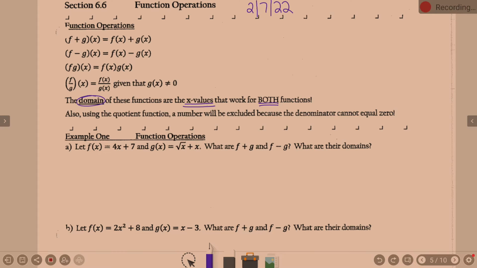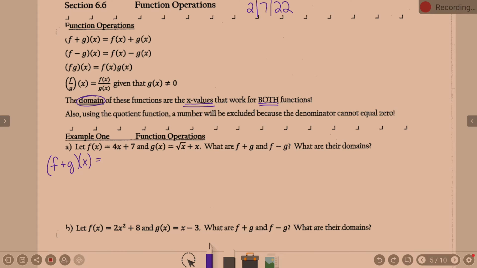This particular example then says what are f plus g and f minus g, and what are their domains. So let me walk you through this. First thing you're asked to find is f plus g. Official notation, you might see, and I can't remember exactly the notation Math Excel uses, but you might see f plus g of x.